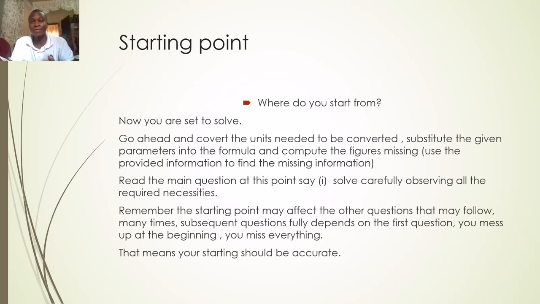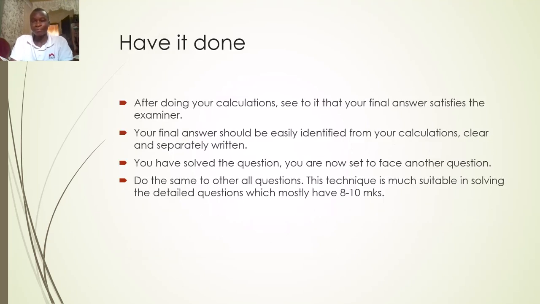Your starting point is very important, because once you miss at the beginning, then everything might be spoiled up to the last question, and you will end up scoring 0 because your starting point is wrong. And your starting point can be wrong if you didn't analyze the question well, and if you didn't write or use the correct formula. Then, having it done, now you have solved your problem.